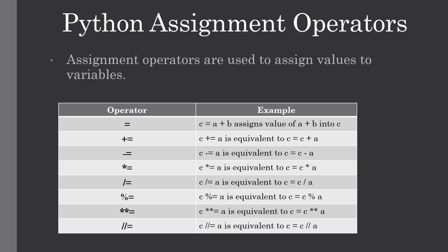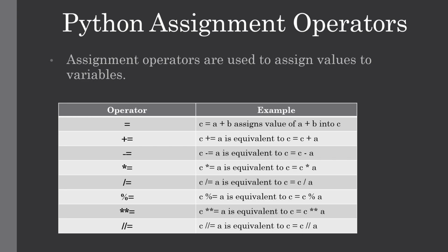Our next operator is modulus, which takes the modulus using two operands and assigns the result to the left operand. The next one is exponential, which performs the exponential calculation on operators and assigns the value to the left operand. And the last one is the floor division, which performs the floor division on the operators and assigns it to the left operand.